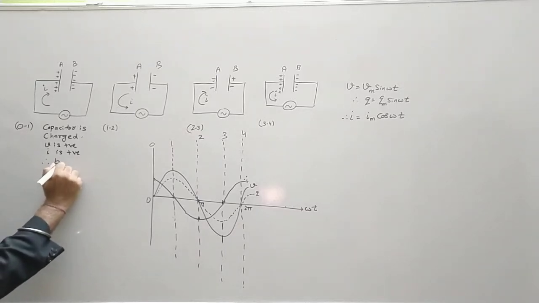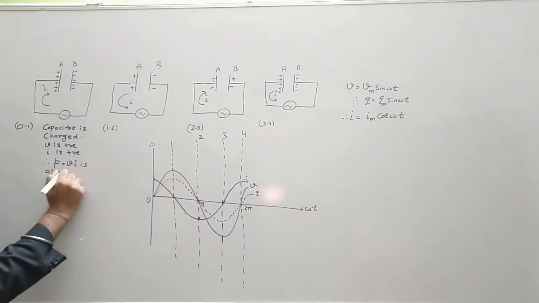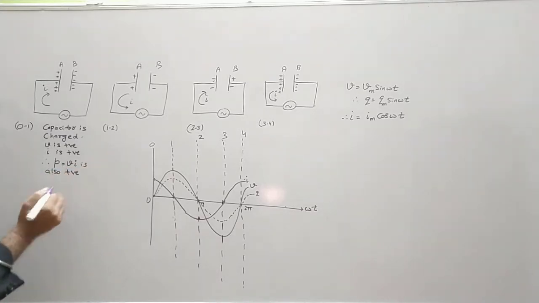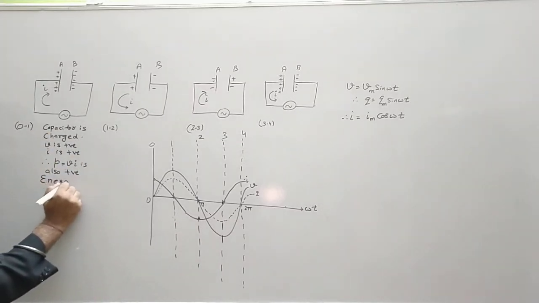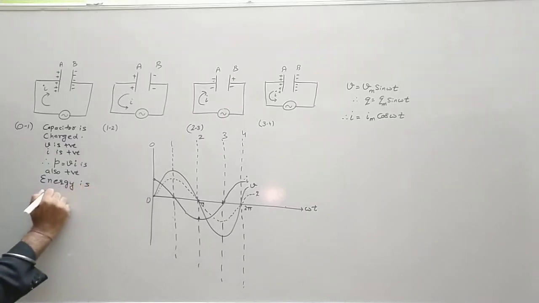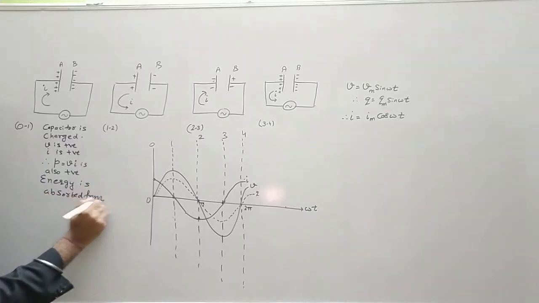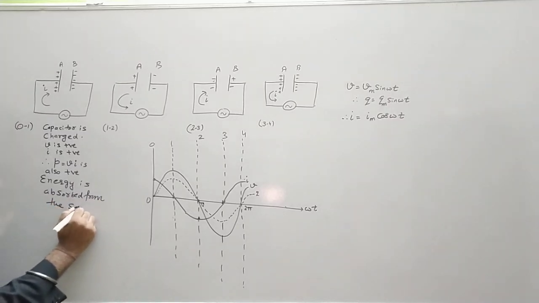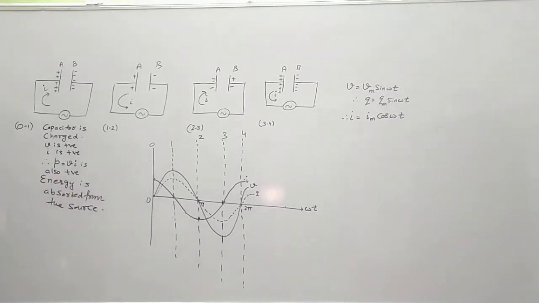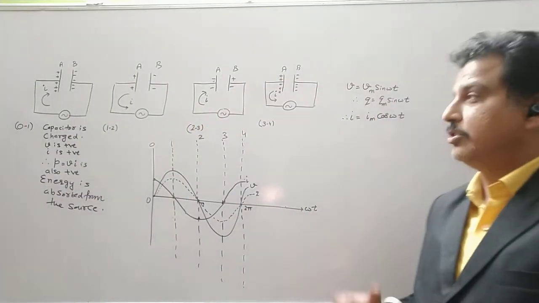Therefore, instantaneous power P is also positive, and it means the energy is absorbed from the source. So this is the region where the capacitor is being charged.